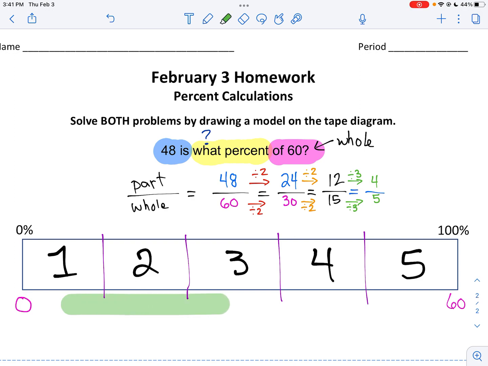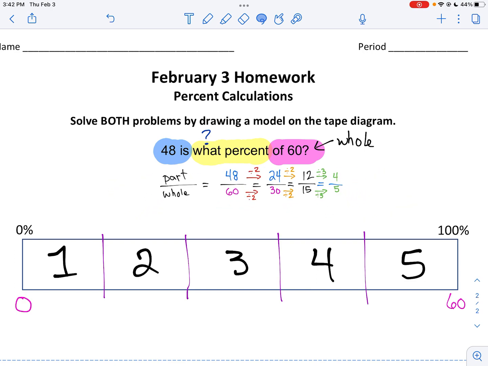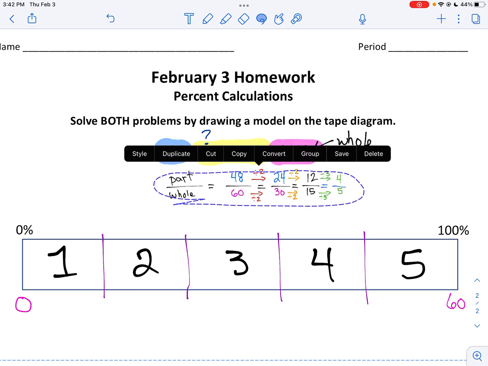You need to fill in the missing numbers on the bottom. You need to fill in the missing numbers on the top to the best of your ability. Right? And then see if you can find where the answer is. Tomorrow in class, we're going to work on a whole bunch more of these. If you realize that you're out of room, if you're doing this on your iPad, remember, you can make it smaller and give yourself more room.